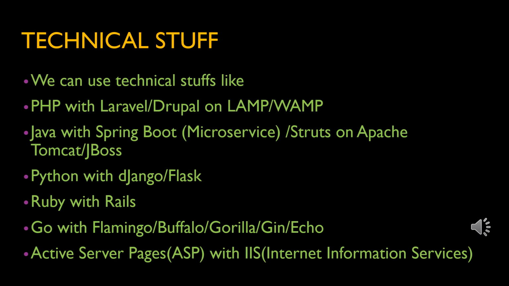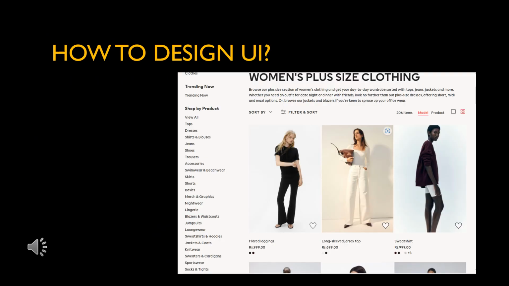Or we can go with the programming language Go with web frameworks like Flamingo, Buffalo, Gorilla, Gin, or Echo. The most popular among these is Flamingo. Or we can go with Active Server Pages, ASP with IIS, Internet Information Services. So how to design the UI?